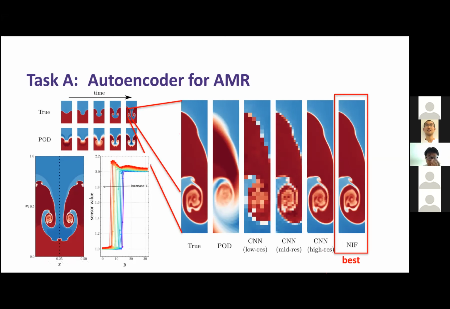autoencoder? Because the NIF framework is sort of like a decoder, not really an encoder, we need to manually choose how to feed information in to get a latent representation, just like an autoencoder. So the way we do it is basically we put 32 sensors along the middle y-axis over there.